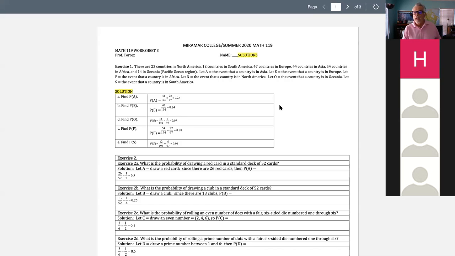So the number of elements in your sample space is the number of countries in the world. That's 194. And then we can take these relative frequencies, and these turn out to be the probability of selecting a country in Asia. P of A is 44 over 194. Right? Now, one comment about relative frequencies, you can leave it as a fraction.